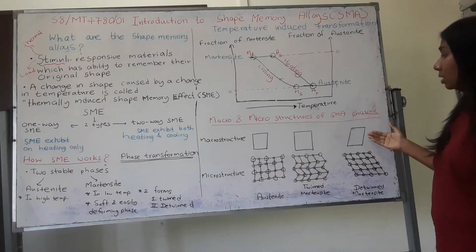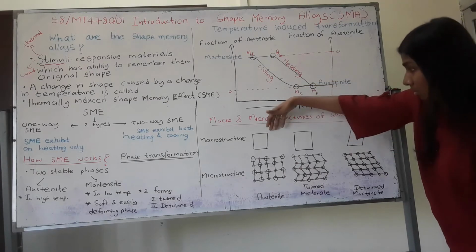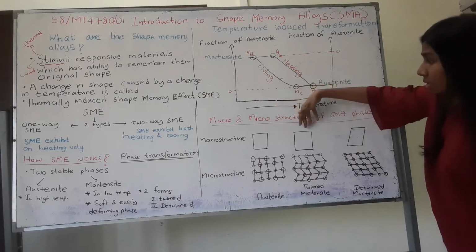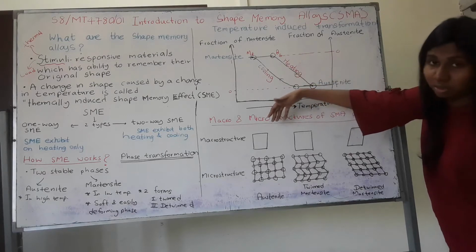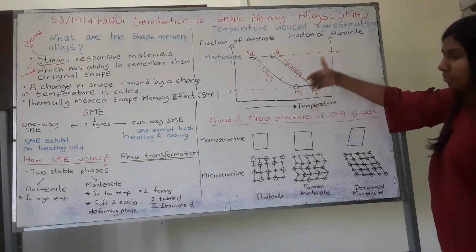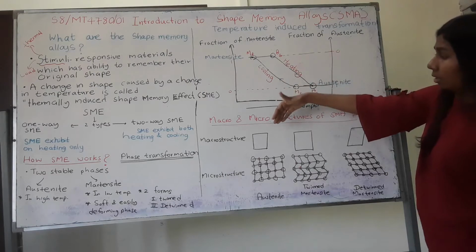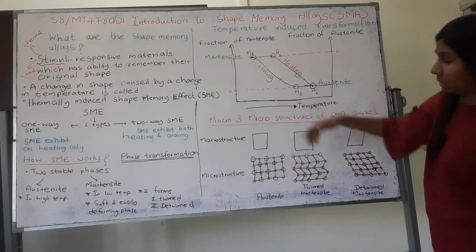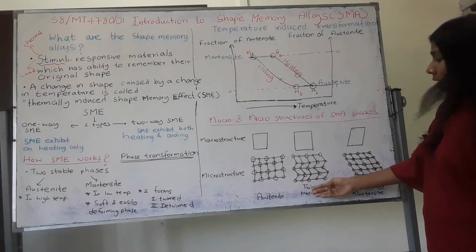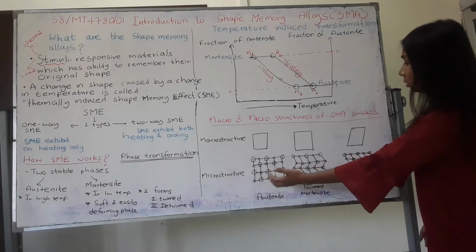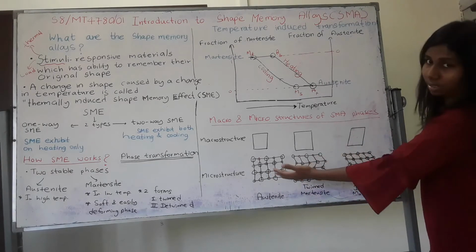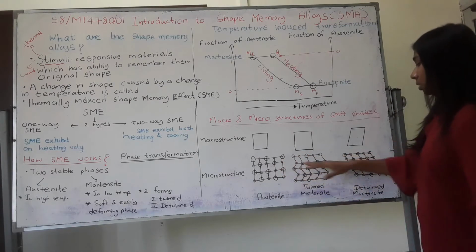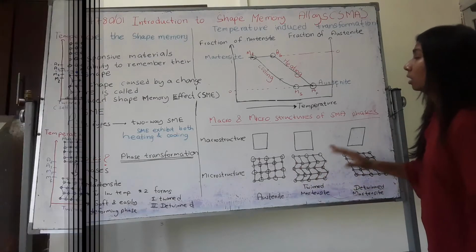You can see the deformation here. In austenite and twinned martensite you cannot see shape changes. That means there are no visible changes, deformations. That's why there is no difference between those two macrostructures, and microstructures are different from each other, with three different microstructures in those three forms.